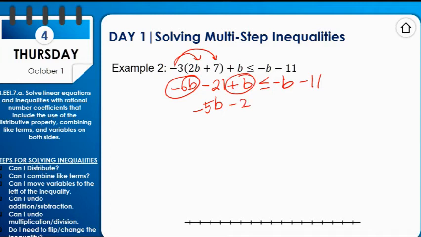Bring down my -21 and my inequality, -b minus 11.